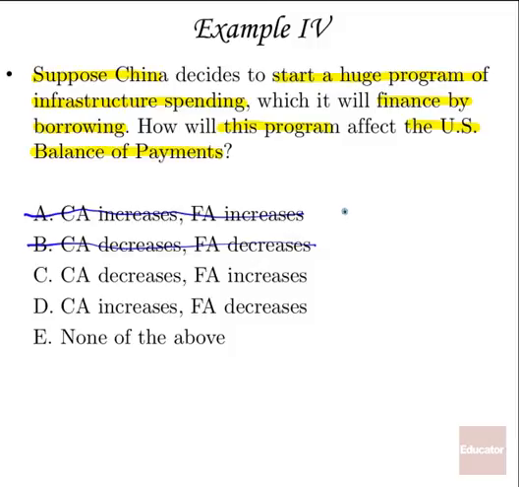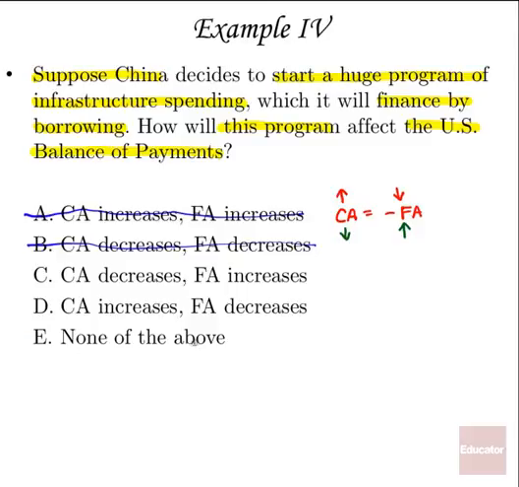Again, what do we know? The equation is the current account equals the negative financial account. So if one goes up, the other goes down, or conversely, if one goes down, the other goes up. So A and B are just wrong by definition. If you have no idea, now you're left to a 33% chance here.